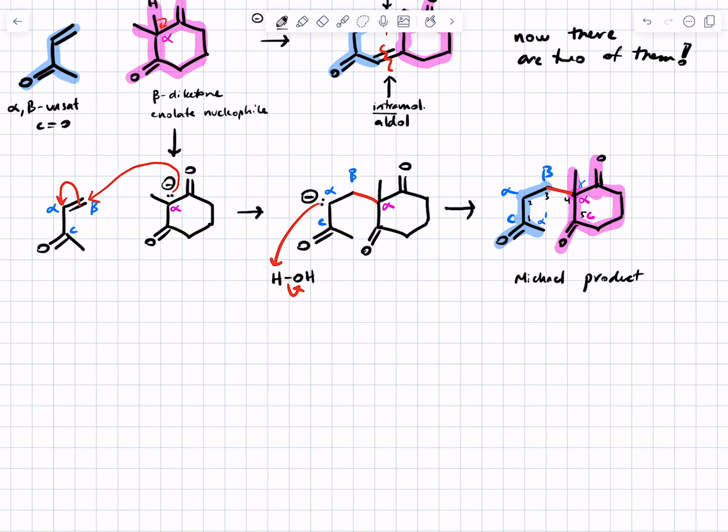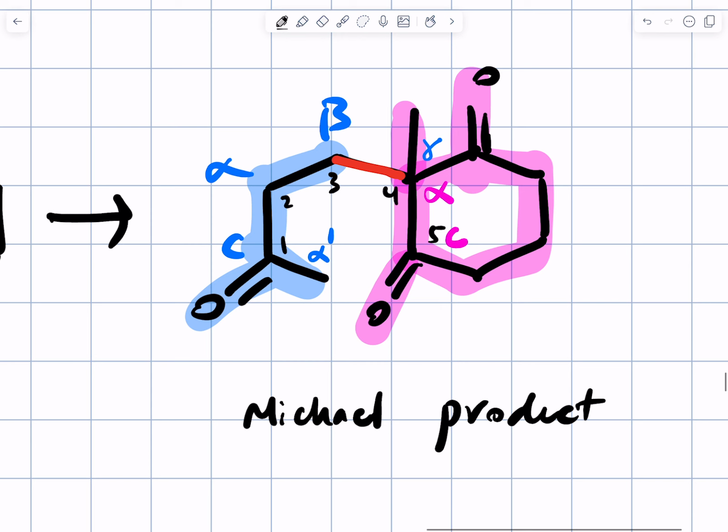Okay, so we've paused here at the stage of the Michael product to consider what could happen next. And you're noticing that this is a carefully curated example because there's not a lot of other things that could happen. What I'm saying is we don't have to worry about which of the two carbonyl carbons this blue alpha prime is going to attack because they're identical.